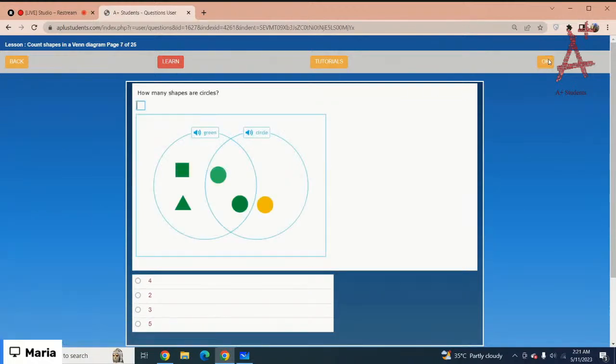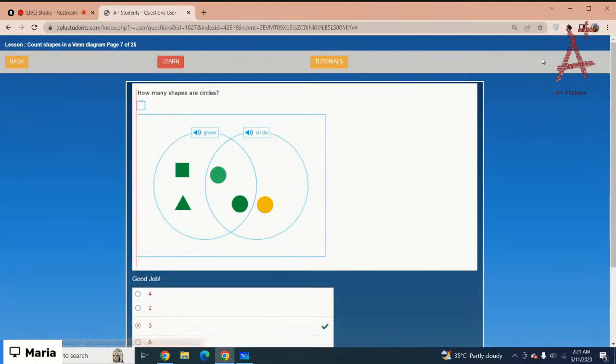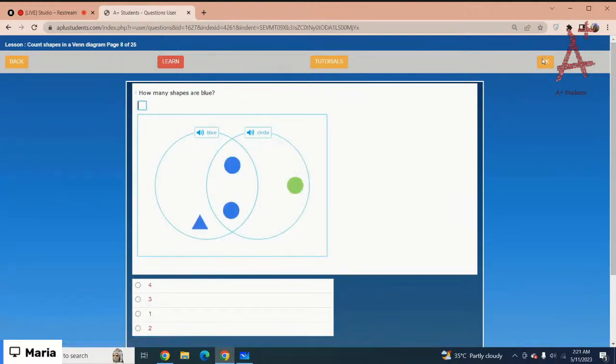Okay, how many shapes are circles? How many circles do we have? You have one, two, and three. You have three circles, so the correct option is three. How many shapes are blue?